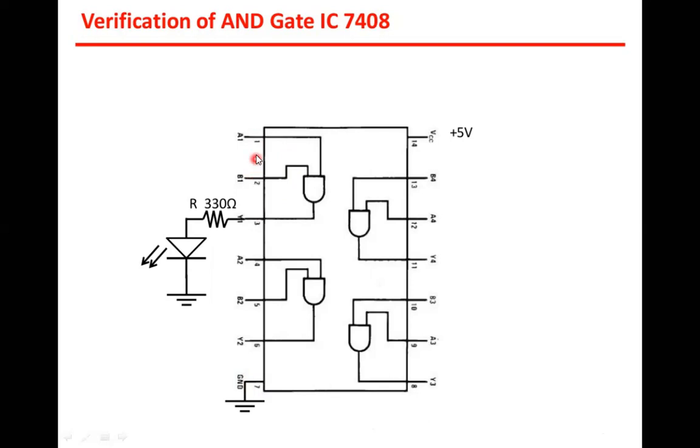So these are 2 inputs, 0, 0, 0, 1, 1, 0 and 1, 1 we will be giving to these particular 2 inputs A1 and B1, and output is Y. So to this output, for a proper intensity of the LED, we have used one resistance of the value of 330 ohm and one LED. So if you give the condition like 0, 0, 0, 1, 1, 0, there won't be any glow in the light, but if you give input as 1 and 1, then definitely the output will be glowing.